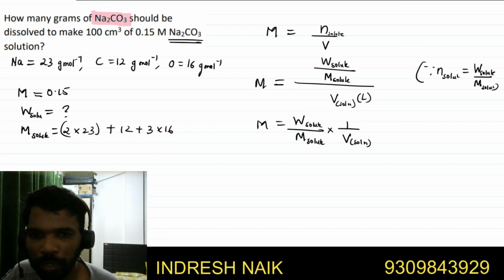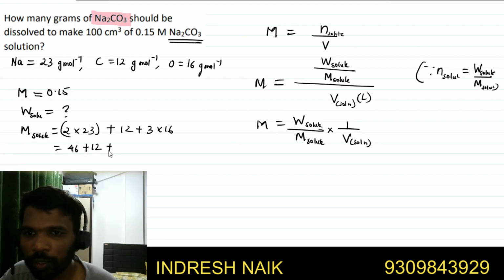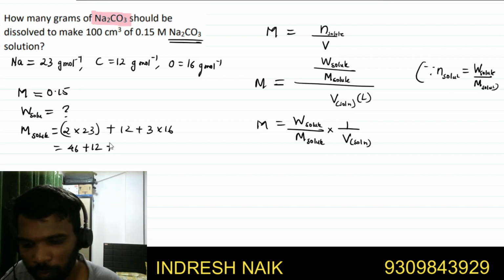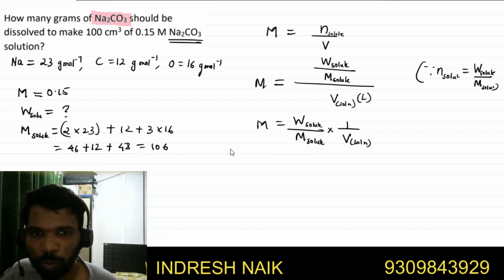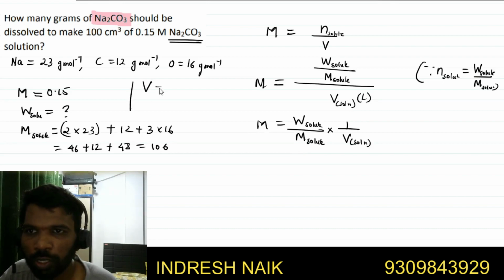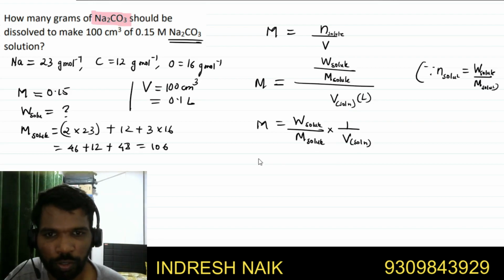So that is 46, 12, and 16 into 3 is 48, which comes to 106. So we have the molar mass of the solute to be 106. The volume of the solution is 100 centimeter cube, which is equal to 0.1 liter. So we just need to substitute.